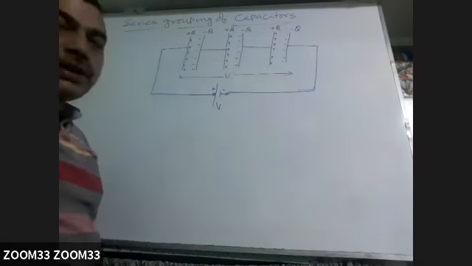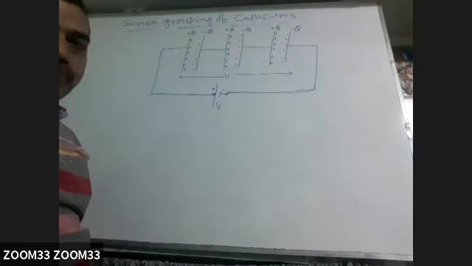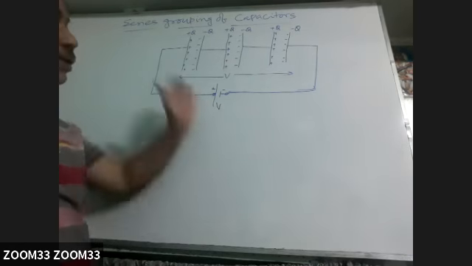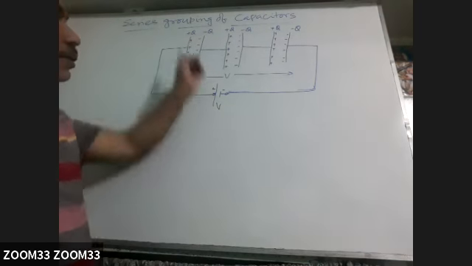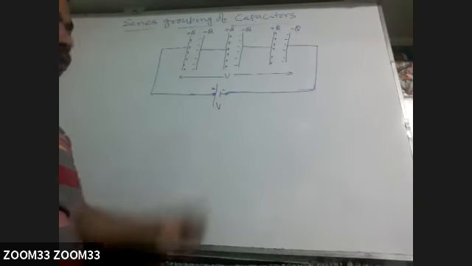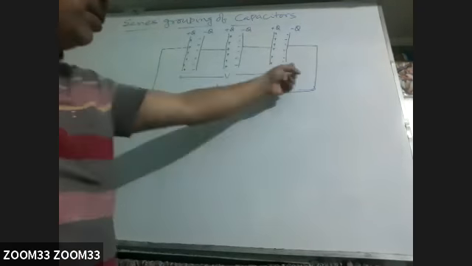In case of series combination of resistance, current was the same. In class 10 we have done this. Current passing through the resistances becomes the same. Here, in case of series grouping of capacitors, charge will be the same. Potential difference across them will be different, but the combination as a whole will be the same as that of the source.